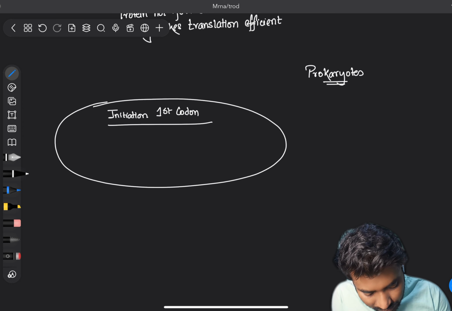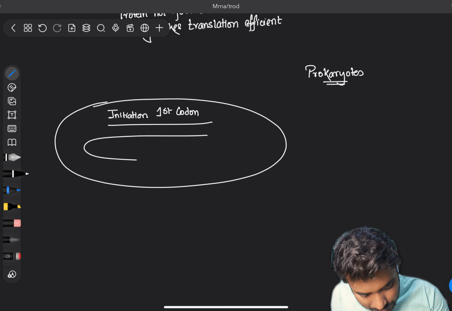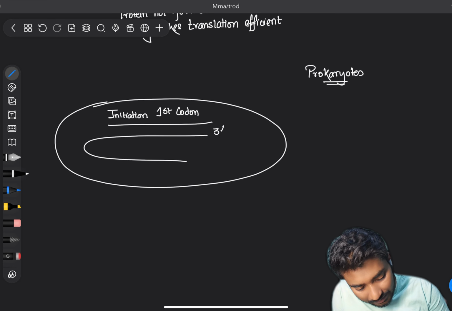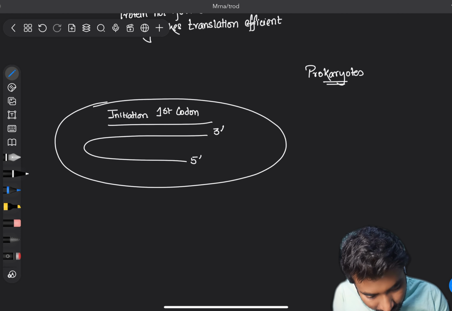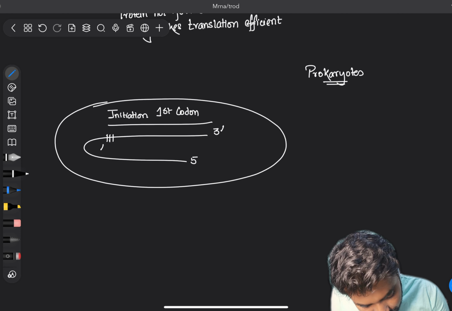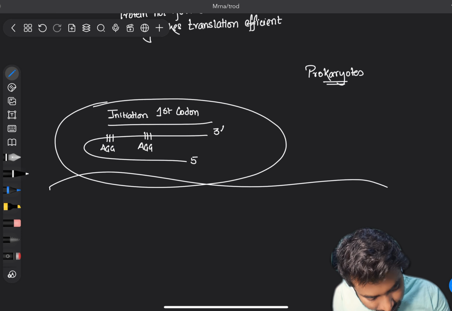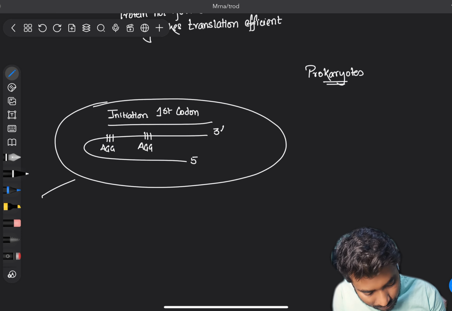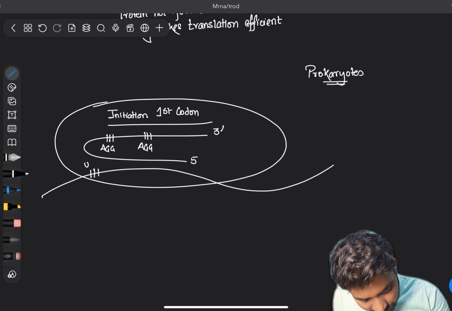Now it happens as follows: this is the 3' and this is the 5'. The RNA is just folded, and now the codon here is AGG, and here the codon is again AGG. Here the codon is UCC, and here the codon is again UCC.